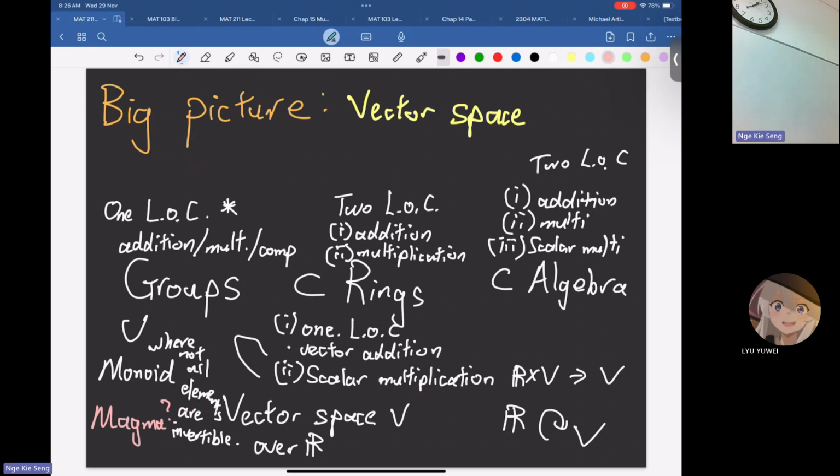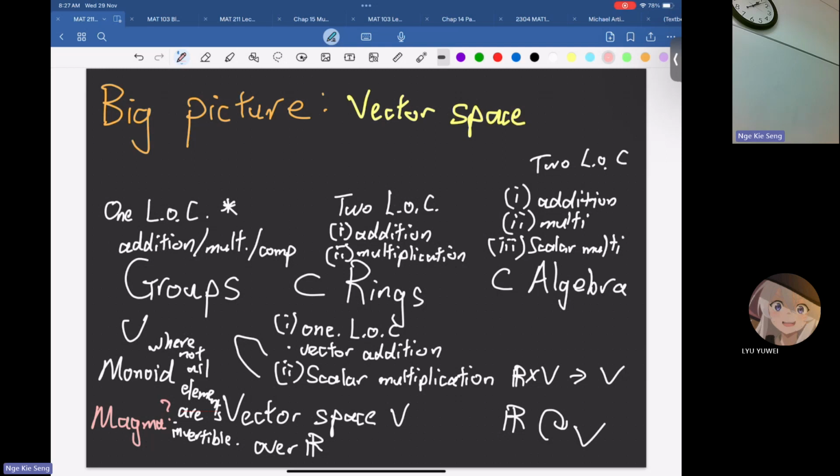Okay, so this is just a big picture. Not too precise, but a big picture. Now you can think of a vector space as a group action on some group. Scalar multiplication, you can think of it as an action here, because you need to combine the scalar with your vector to get another vector, right? So this is like a group action.